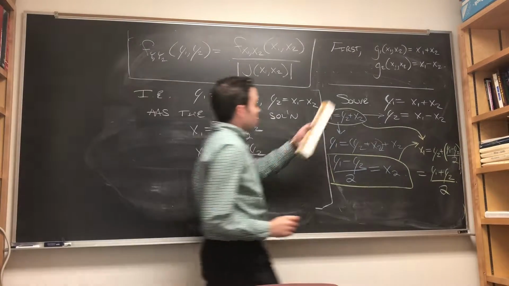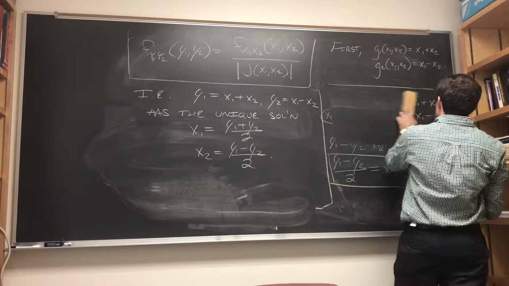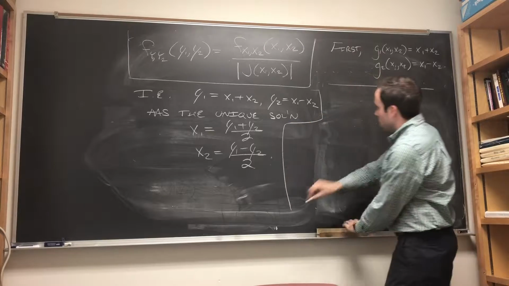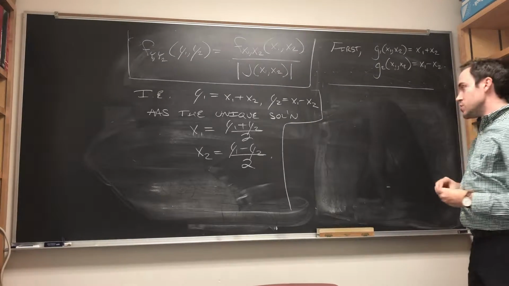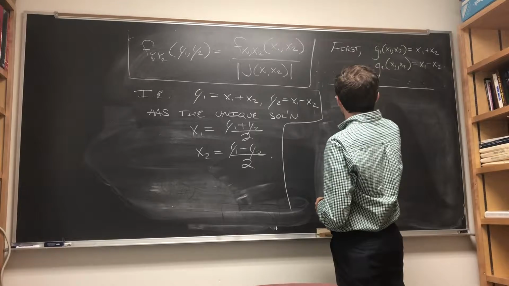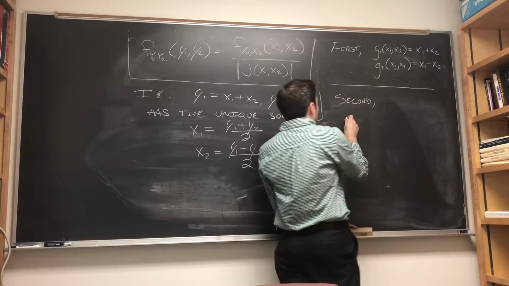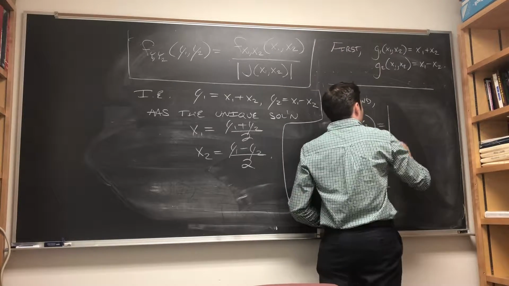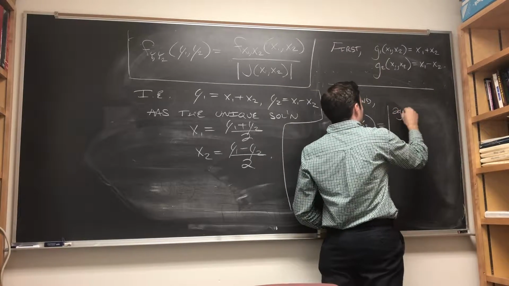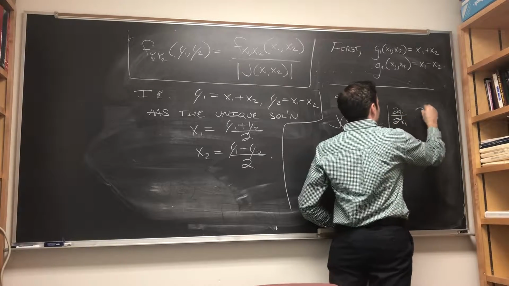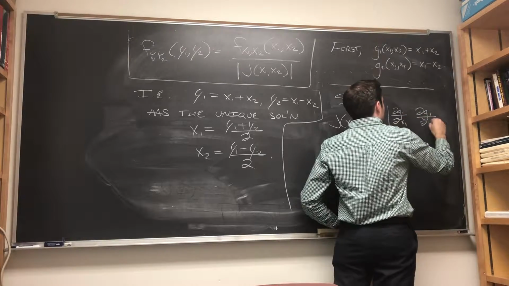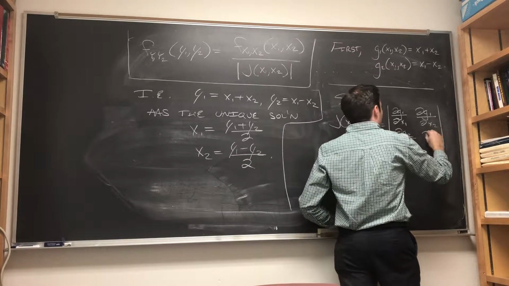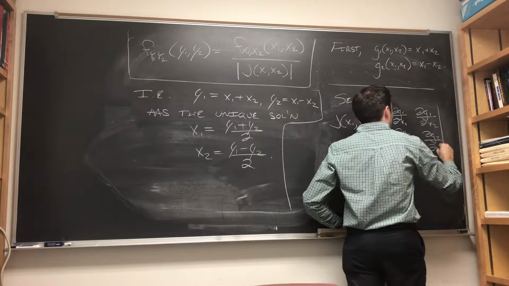Now we need to verify the second point, which has to do with the Jacobian of g1, g2. Let me keep my definitions of g1 and g2 up there. So second, we need the Jacobian, which again is going to be the derivative of g1 with respect to x1, derivative of g1 with respect to x2, derivative of g2 with respect to x1, derivative of g2 with respect to x2.